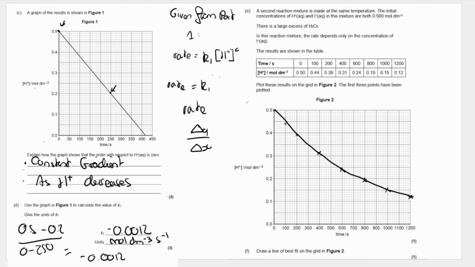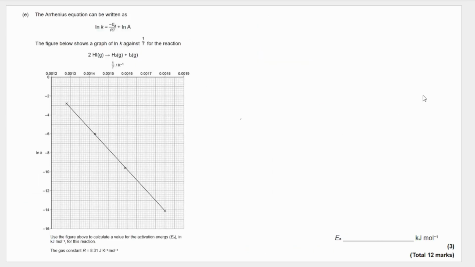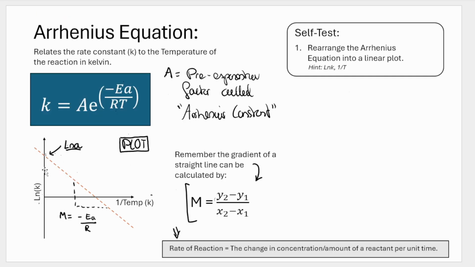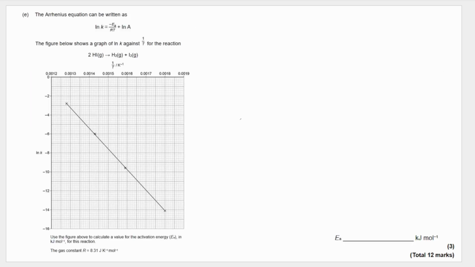When it comes to solving questions regarding the Arrhenius equation, especially in its logarithmic form, we need to go back and remember that the key piece of information here is that the gradient of this graph is equal to minus activation energy over the gas constant. So we've been given this equation, we've been given the data, and they simply want us to work out the activation energy.